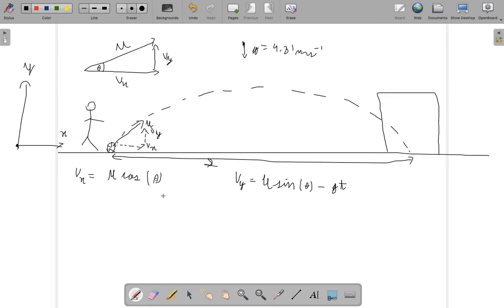We have an x component of velocity that's constant, and there are no other forces, at least that we're aware of, acting in the x direction. So it always has this velocity Vx, which means our displacement s equals velocity in the x component times time, which is also u cos theta times time.